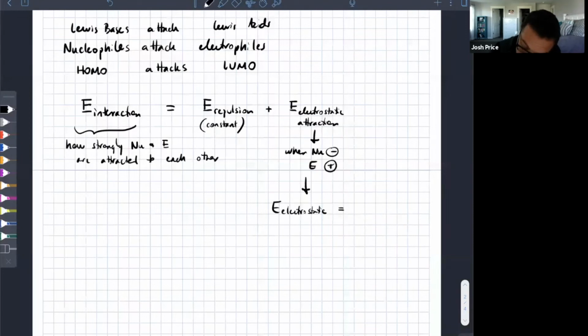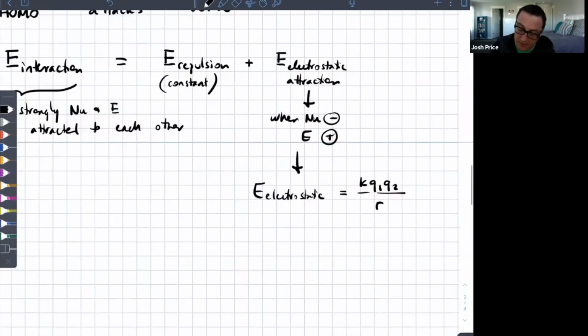So that's K, some constant, times the charge on atom 1 times the charge on atom 2, over the distance between the two. And this electrostatic attraction basically treats the nucleophile and the electrophile as point charges. Okay.